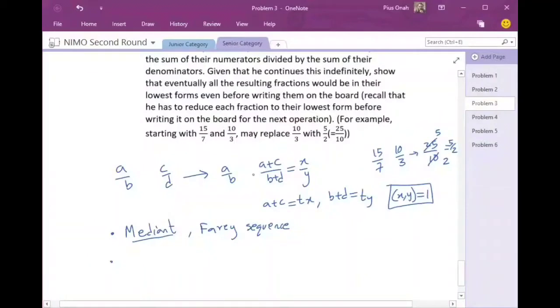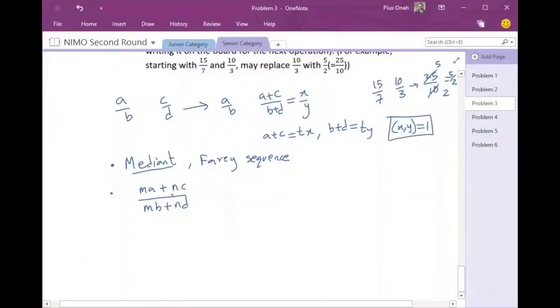Another thing you could do is to attempt just repeating this process over and over. Eventually, you see that every new term we get can be expressed in this form. I'm not doing that here, just for those interested, to have an idea of where we are coming from. It has this form, right?